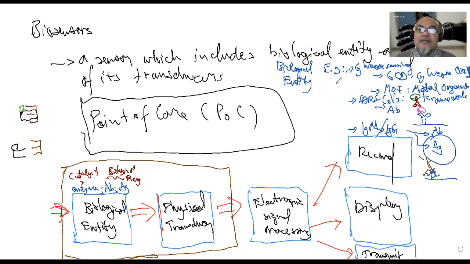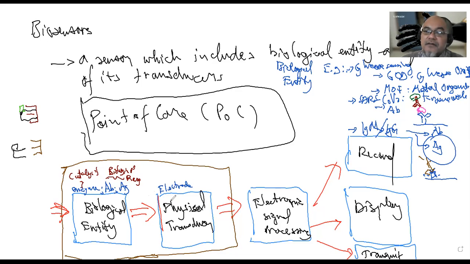So the H2O2, if we also have horseradish peroxidase, if we have peroxidase enzyme, then that peroxidase enzyme can react with the H2O2. And there is a transfer of electron during this reaction. This transfer of electron we can detect using an electrode. So as a physical transducer, the examples can be many, depending on what physical changes occur at the biological entity that has undergone reaction with the biomolecule, giving the biochemical signal.